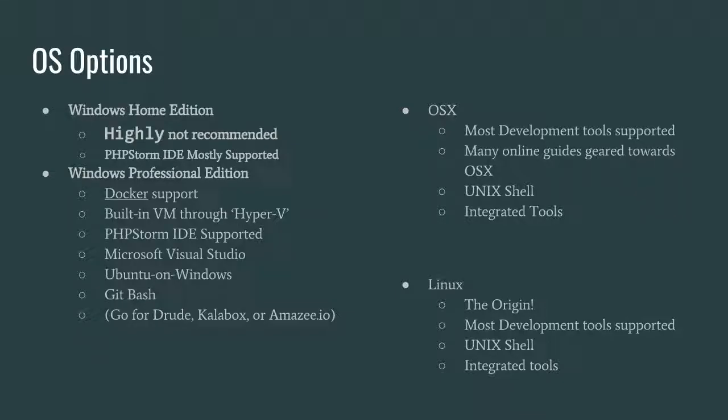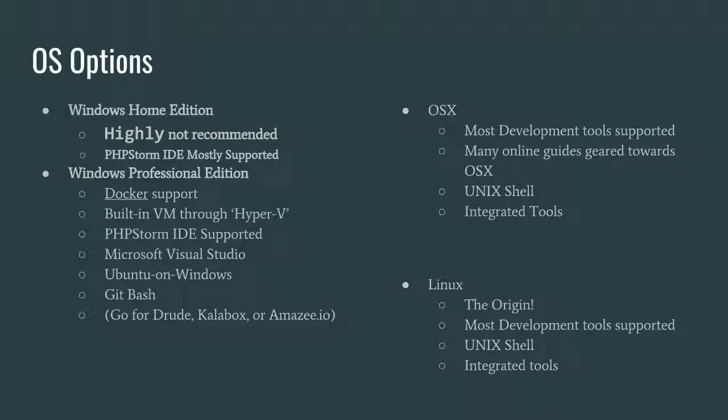And I didn't make any recommendations on that last line of avoiding Windows altogether, but it's there. Basically, if you use the Hyper-V, you can use stuff like Druid, Calabox, Amaze.io, and sort of sidestep Windows for a containerized development environment. And we'll get into what that is here in a little bit.